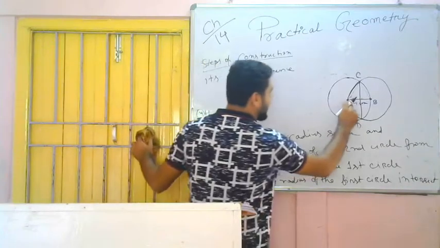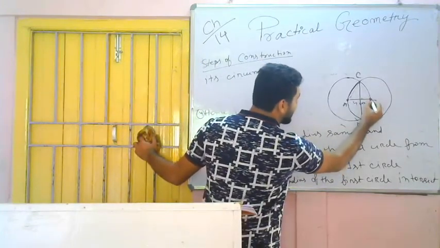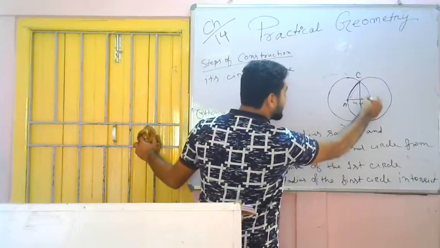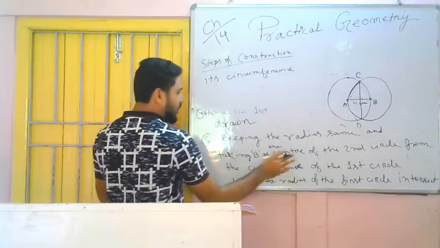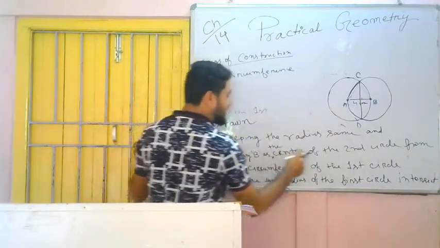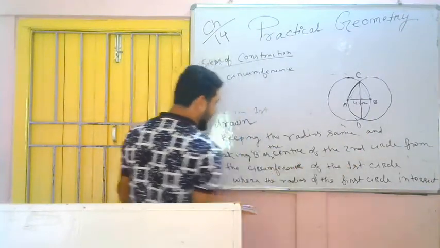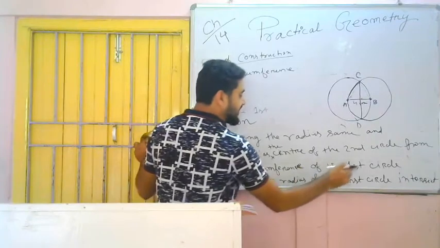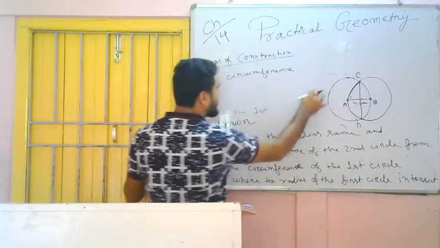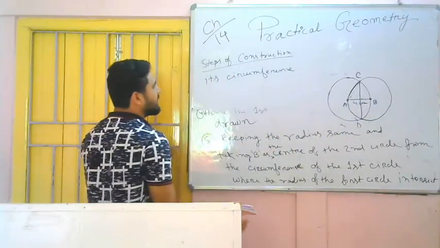That means the radius of this circle intersects at this point in this circle. So we have written: keeping the radius same and taking B as the center of the second circle from the circumference of the first circle, where the radius of the first circle intersects its circumference.